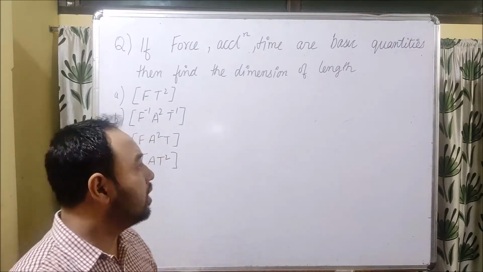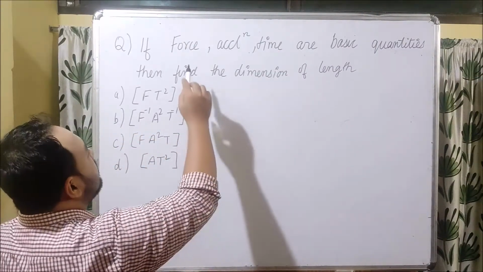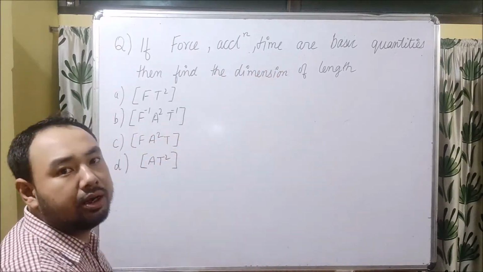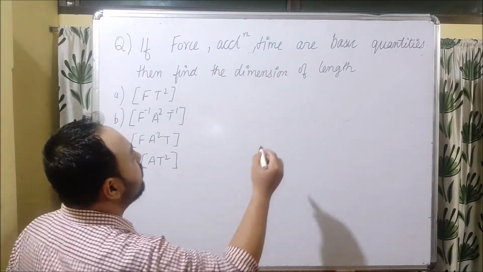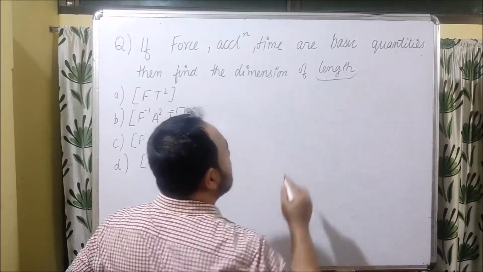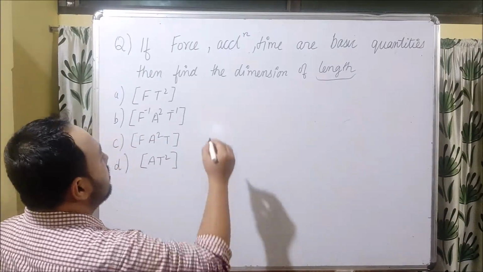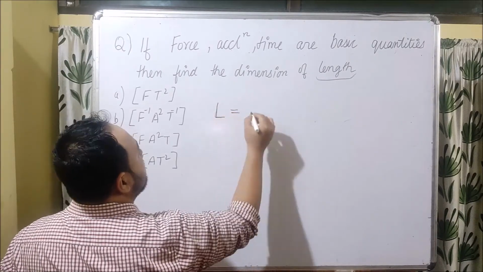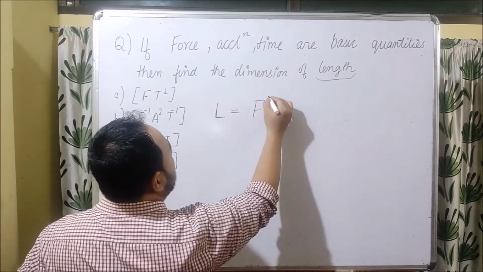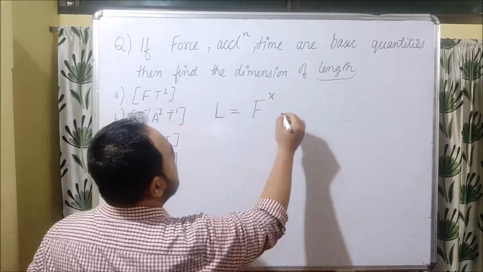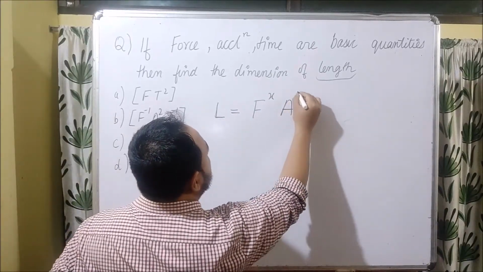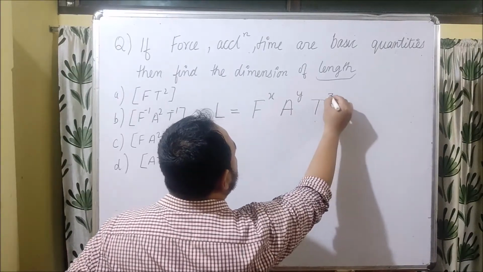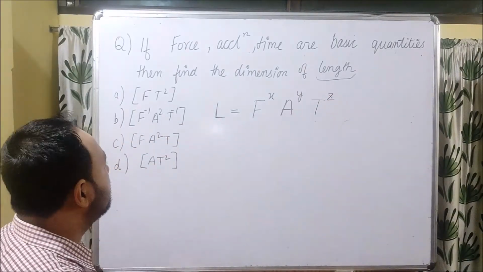So the next numerical which is given is force, acceleration and time. If these are the basic quantities, then we have to find the dimension of length. So first we will write length as force to the power x, acceleration to the power y, then time to the power z.